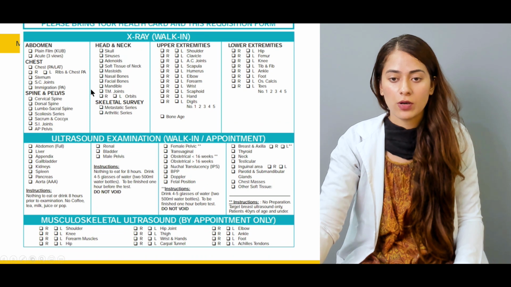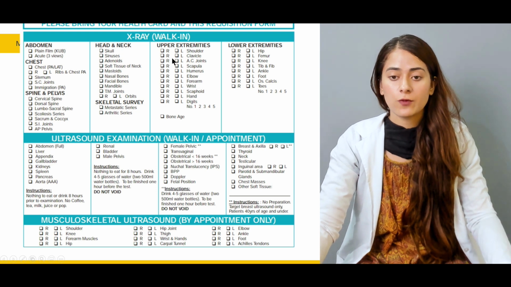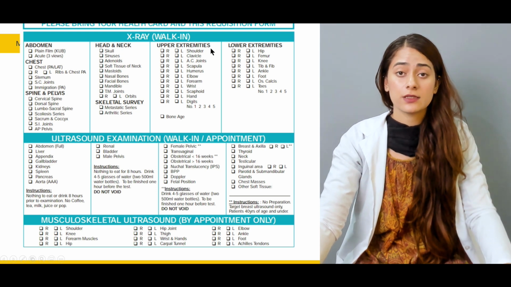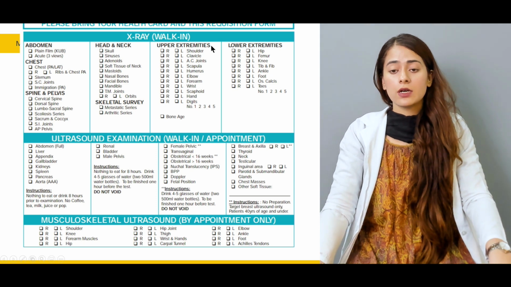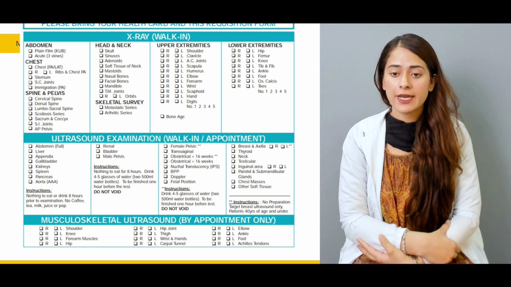So we talked about all of these: abdomen, chest, spine, and all of these segments can be individually X-rayed. For extremities, it is very important to do a comparative analysis for a better diagnosis.